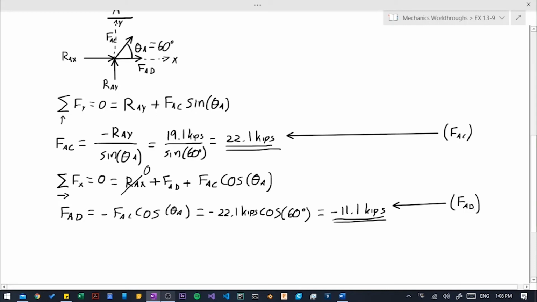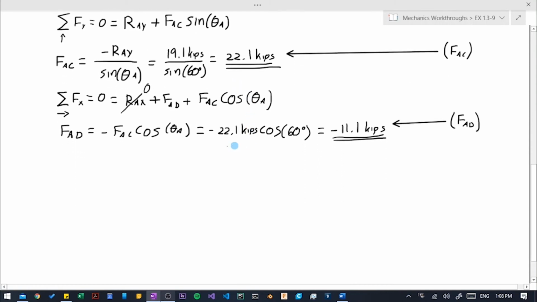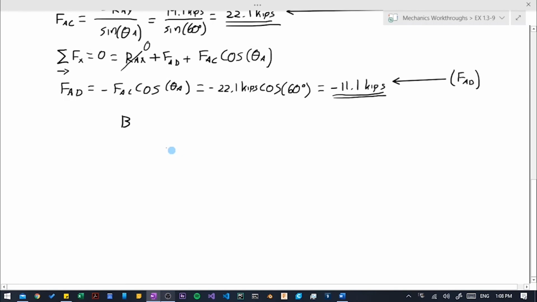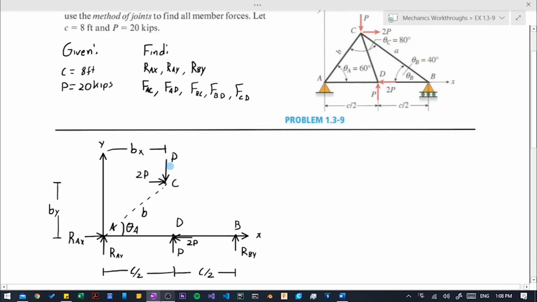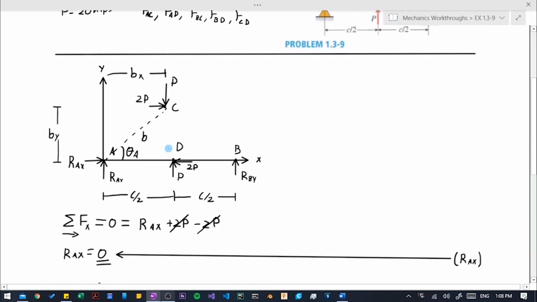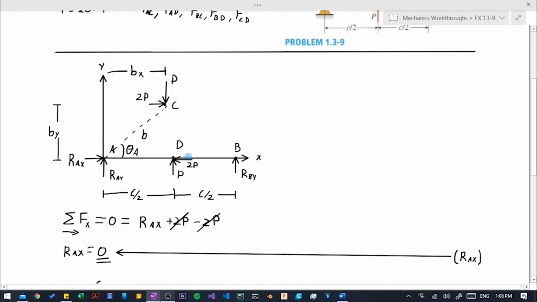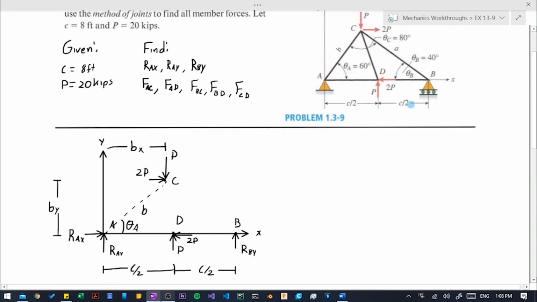All right, so now we need to move on to point B and draw a free body diagram for that as well. At point B, we have one reaction force and two member forces.